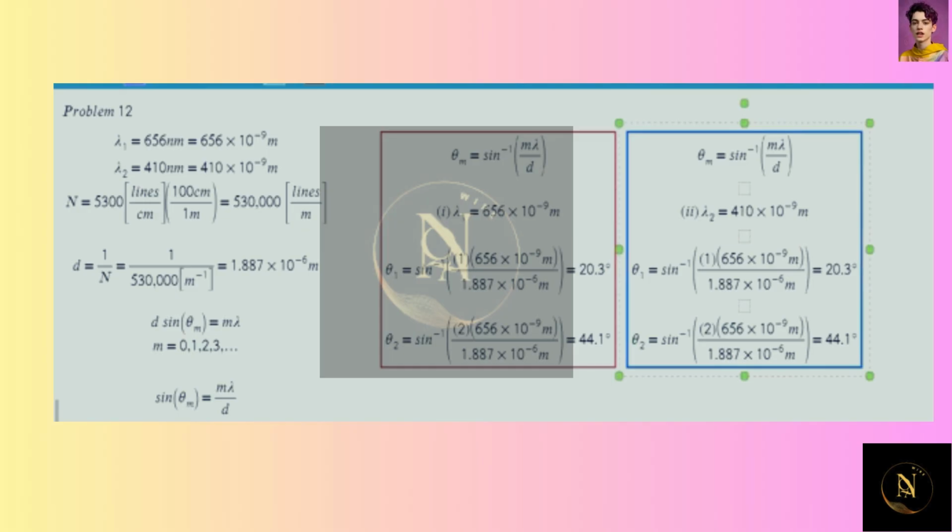We're going to use the same equation, except now it's going to be with lambda 2. Let's go ahead and make sure we change this value. The angle for the first deflection should come out to 12.6. And then for the second deflection for this wavelength, it's going to come out to 25.8 degrees.